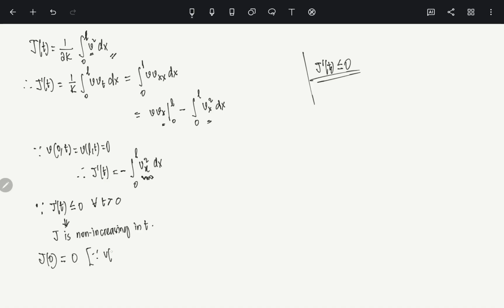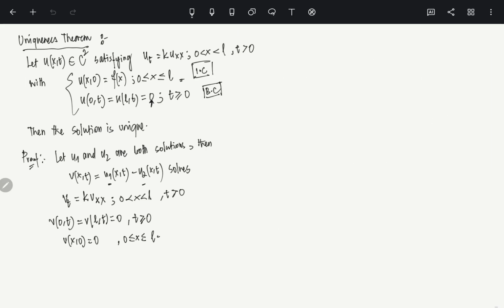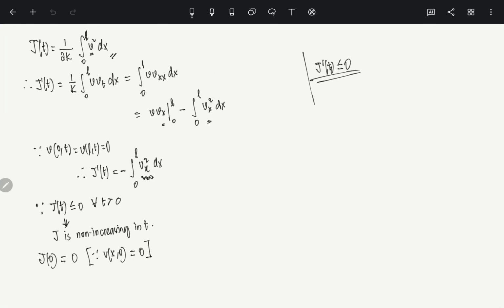Because v of (x,0) is nothing but 0 for all x between 0 and L. And that is why, since v of (x,0) is 0, what is J of 0? J of 0 equals the integral of 1 by 2k, from 0 to L, of v of (x,0) squared dx. So v of (x,0) is 0, so essentially J of 0 becomes 0. Is it okay? I hope the calculation is fine here.